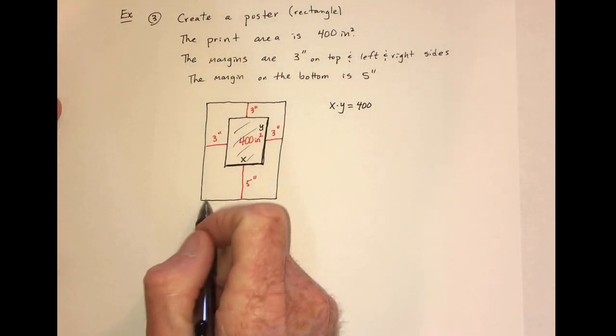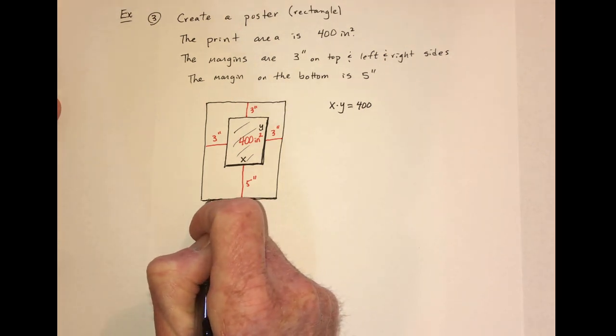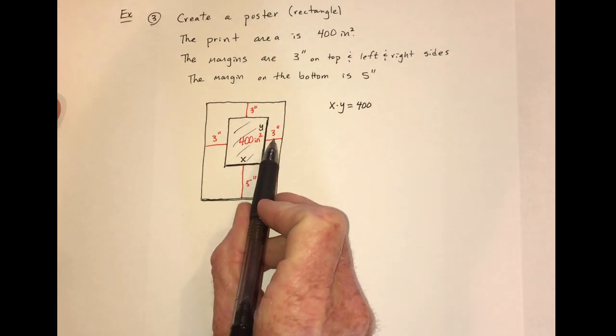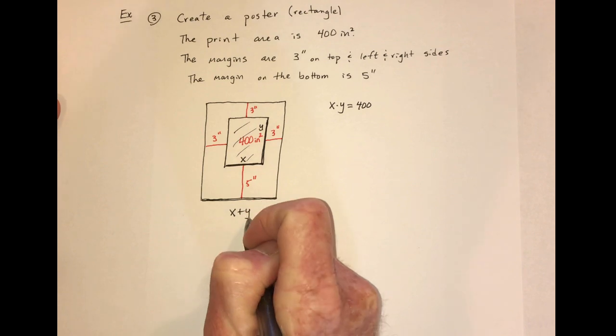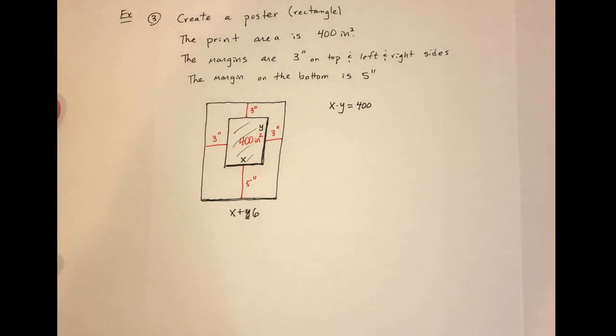Now, when you look at the bottom, this whole part down here for the size of the poster, it would have x plus 3 on that side plus 3 on that side. So this is going to be x plus 6. Why did I write y? X plus 6.